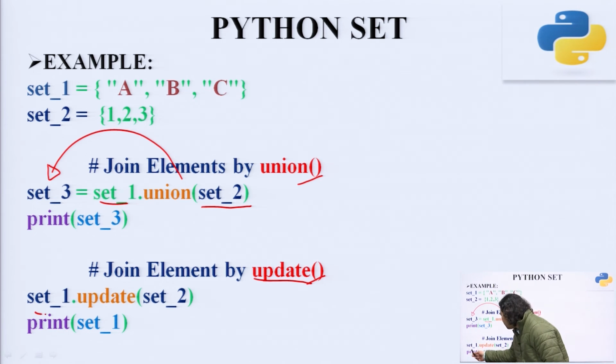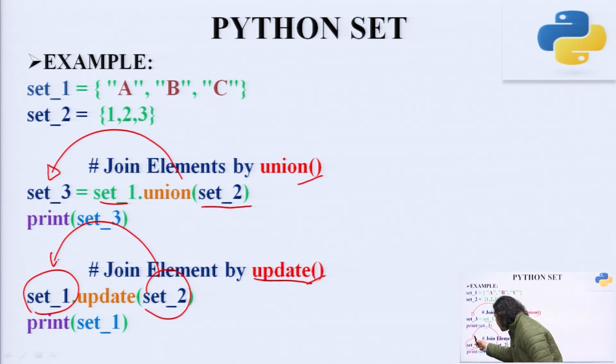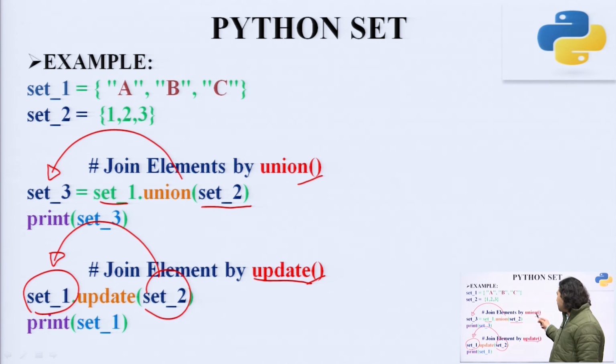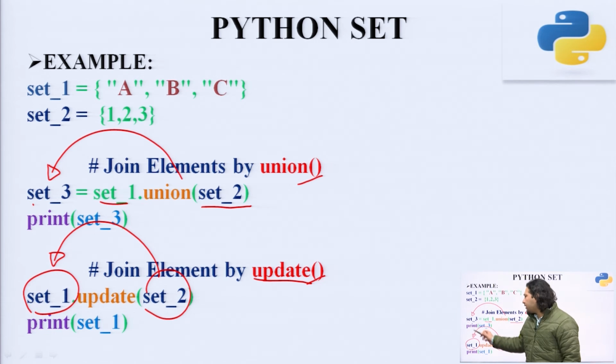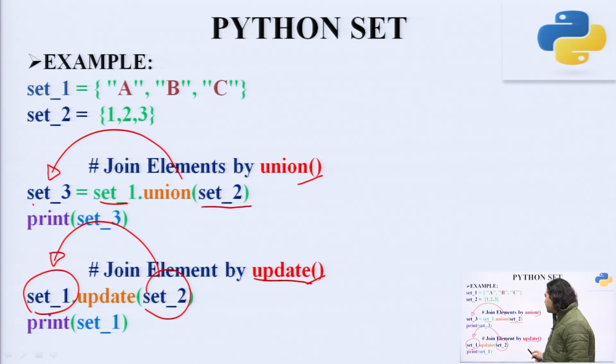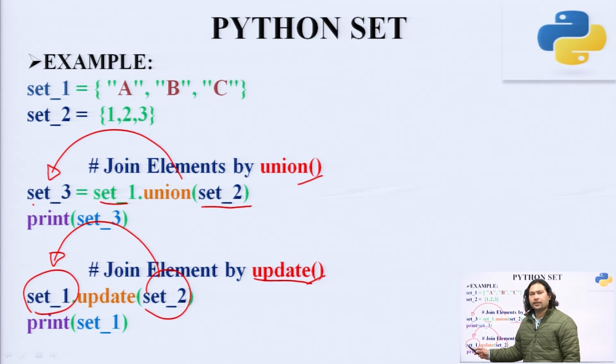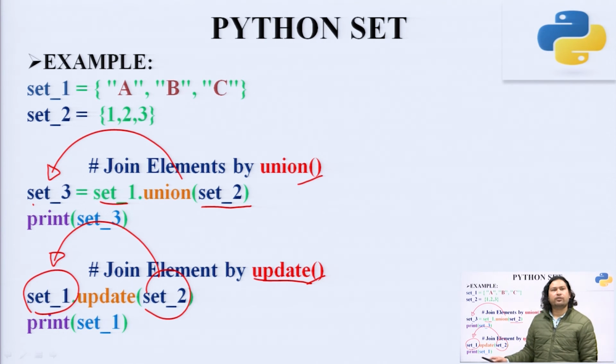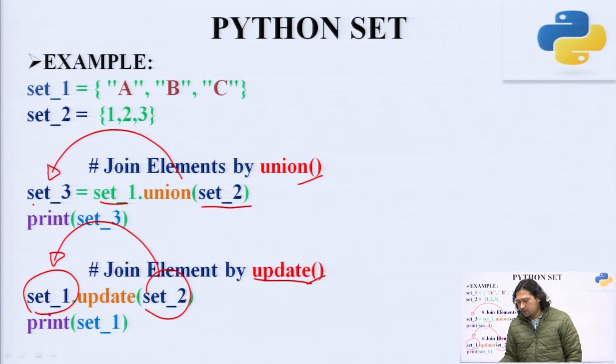This value is totally updated in set 1. That means, in the union you can see the data is reflecting in the new set, but in the update method the same data is updated in set 1. So, this is a very important point between the union and the update method. Here the difference totally lies in the returning value or the returning style.